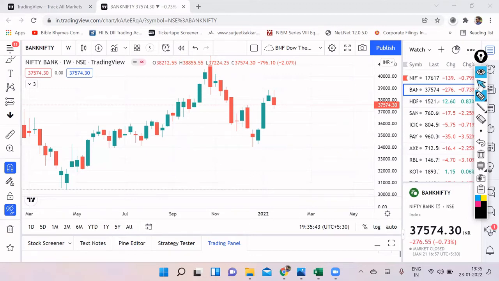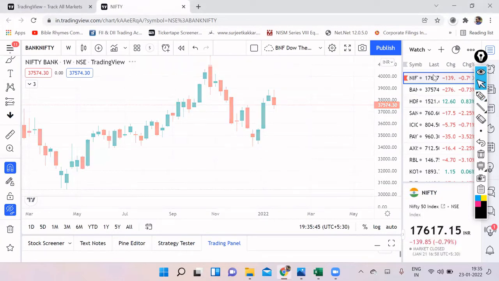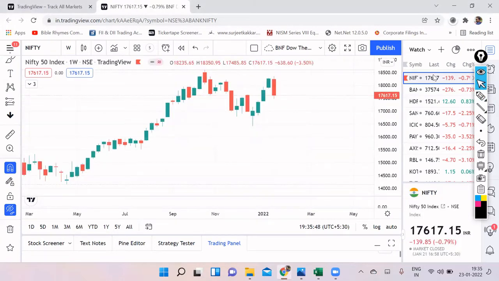So now let's discuss Nifty also. In Nifty, if you look at the closest candle, this was the one. What is the high of that candle? The high is 17,489.